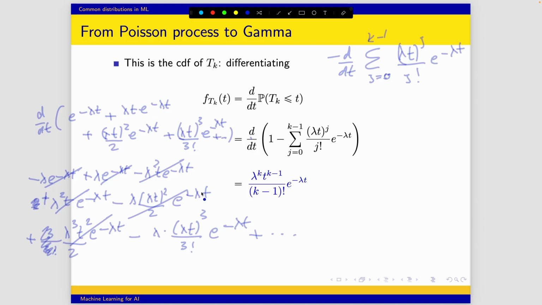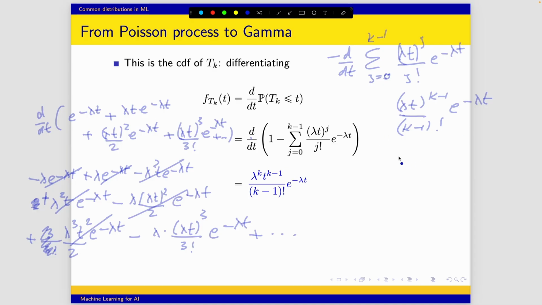And we'll keep going. Just the last term, for k minus 1, will give us this. For k minus 1, we have (lambda t)^(k-1) over (k-1) factorial times e^(-lambda t). When we differentiate this, the term we get from differentiating the power of t will cancel with something from the k minus second term.